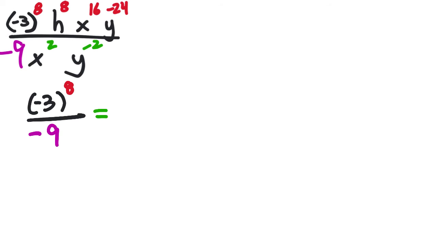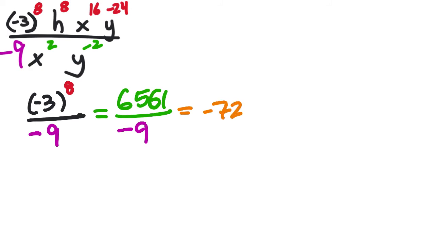This is 6,561 all over negative 9. Now I'm going to divide that by negative 9. That gives me negative 729. Okay, so that would be over 1. So that negative 729 is going to be part of the numerator, like this.